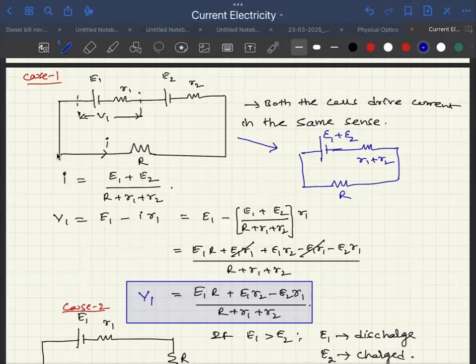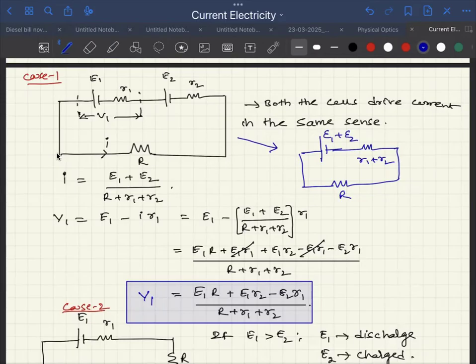Anyone having doubt? Sure? Geetika, followed? Yes, sir. Nakshatra, followed? Yes, sir. Asini, followed? Yes, sir. Right. Next.